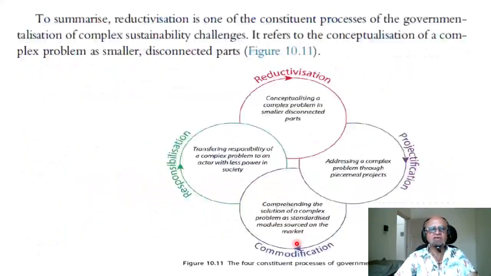To summarize, reductivization is one of the constituent processes of governmentalization of complex sustainability challenges. It refers to the conceptualization of a complex problem as smaller, disconnected parts. So this is the modularization that we talked about to avoid catastrophic failures in governing, let's say.